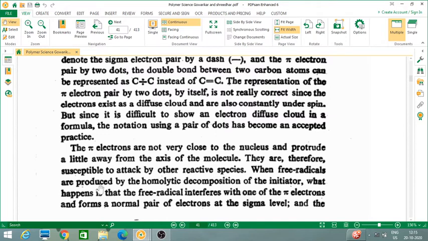When free radicals are produced by homolytic decomposition of the initiator, like benzoyl peroxide, the free radical interferes with one of the pi electrons and forms a normal pair of electrons at sigma level. So see now what is happening. Since they are far away from the nucleus, they are susceptible to the attack.